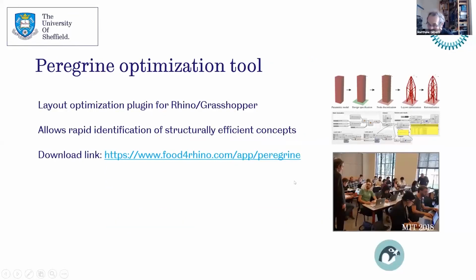And these techniques, as part of a recent research project, have been embedded in a plugin for the parametric modeling software called Rhino with the Grasshopper plugin. And what we've done is make that available, so you can download that software from the hyperlink shown, and we've actually made that available to people in industry as well, and they're finding it's giving them some really interesting solutions.